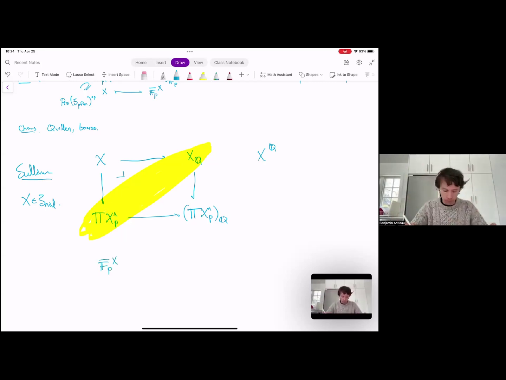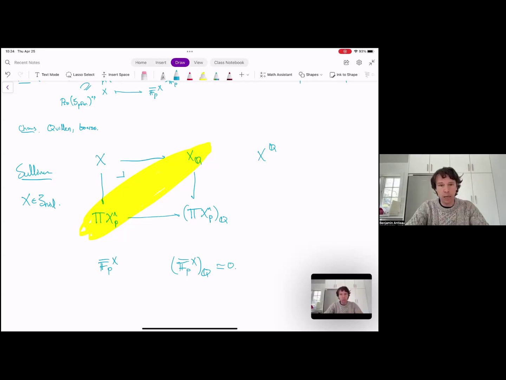There's no way to glue these, right? F_p-bar chains, if I rationalize, I definitely get 0. So there's going to be some subtlety in gluing these together effectively.